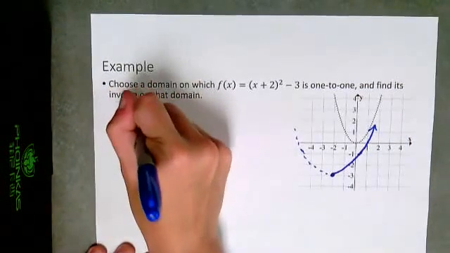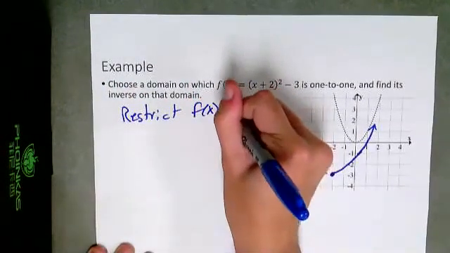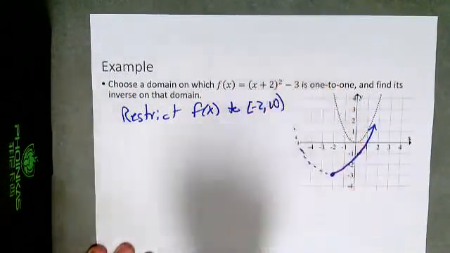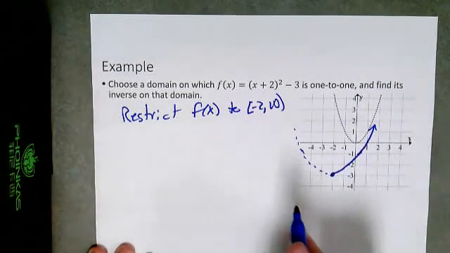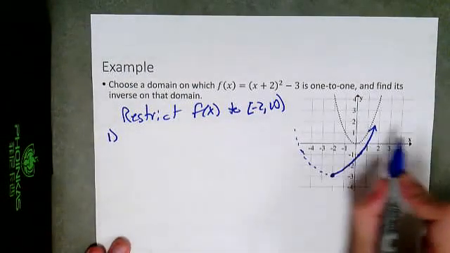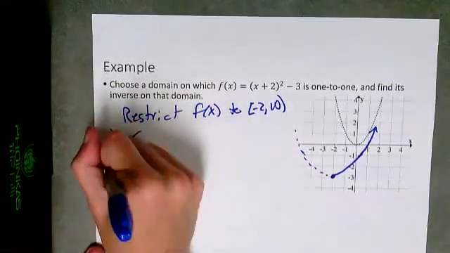So let's restrict this function to -2 to infinity, right? -2 onward, so this positive half of the parabola. Is it 1 to 1? Well, yes, draw a horizontal line on this restricted domain, and it passes with flying colors.